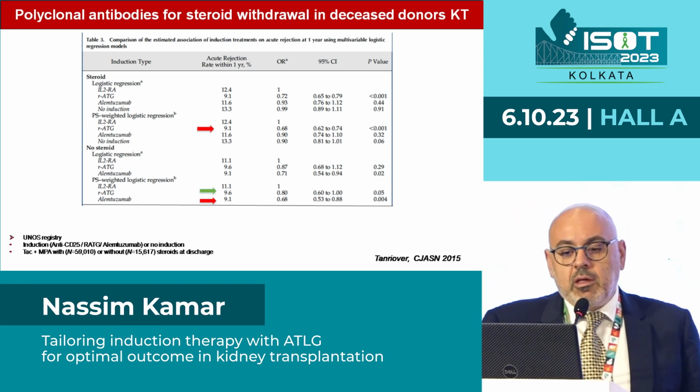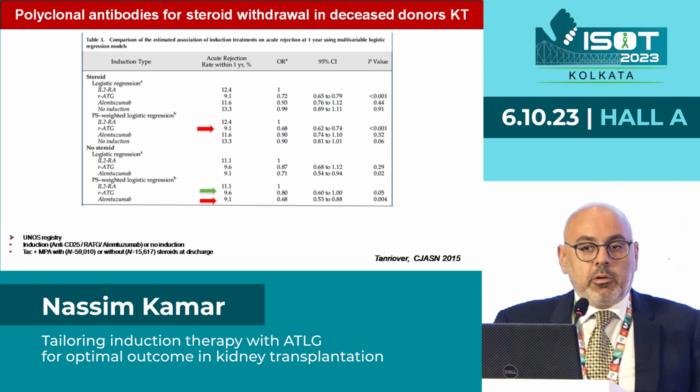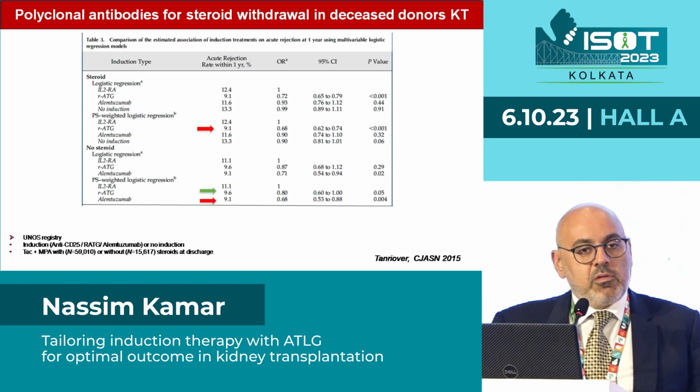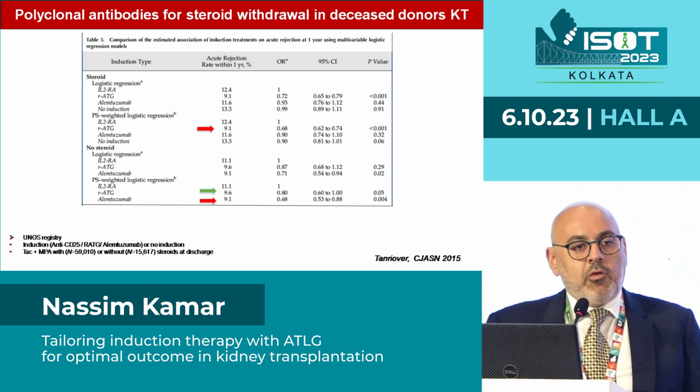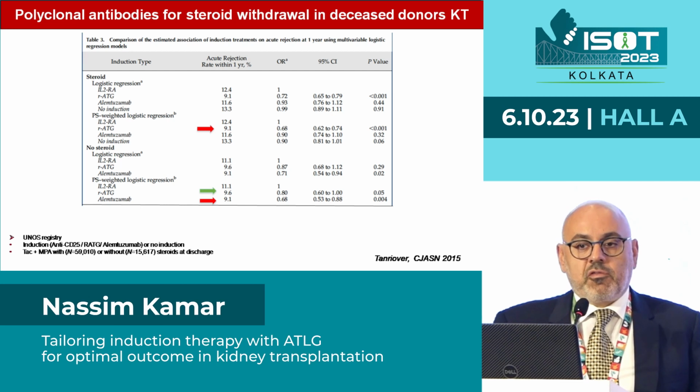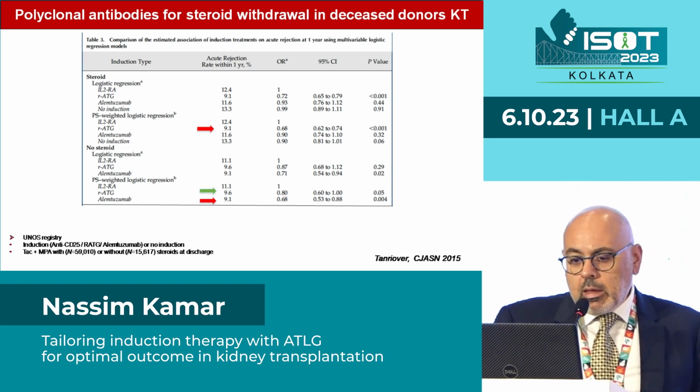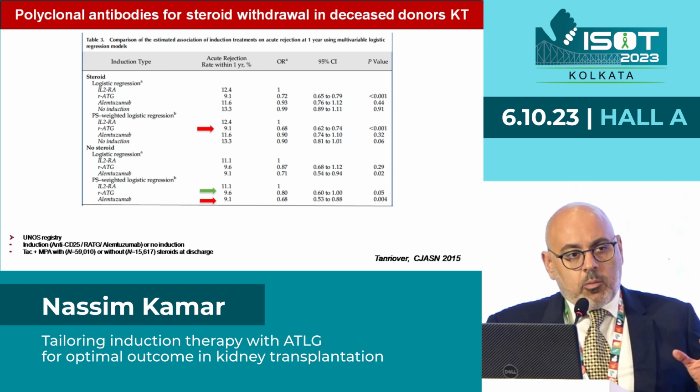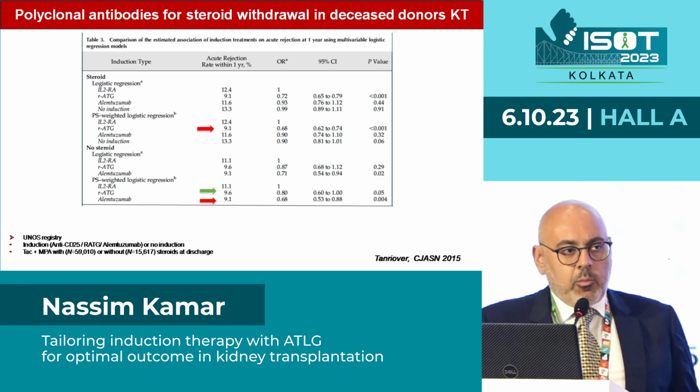You can see that the acute rejection rate was lower in patients receiving polyclonal antibodies compared to patients receiving basiliximab, especially, and this is quite clear, if you want to avoid the use of steroids. In these meta-analyses, I combined all ATGs, right, Thymo and Grafalon.